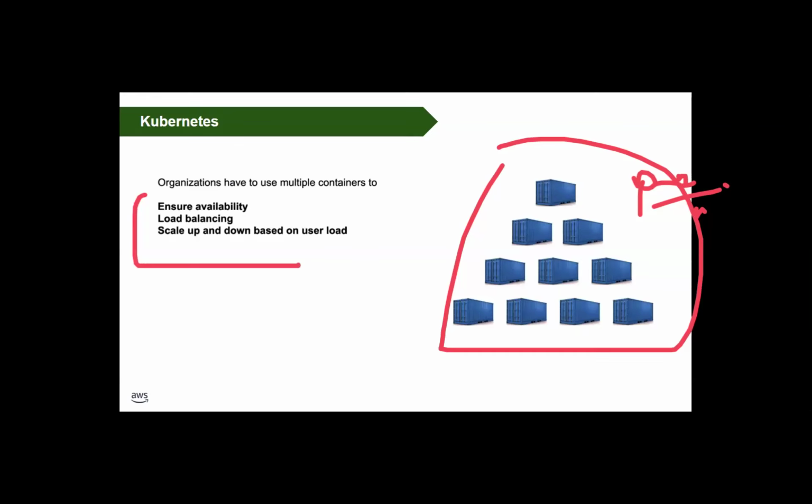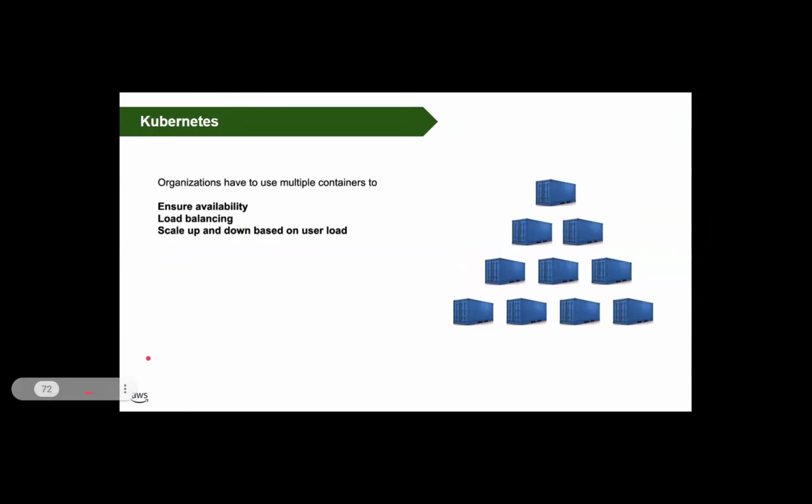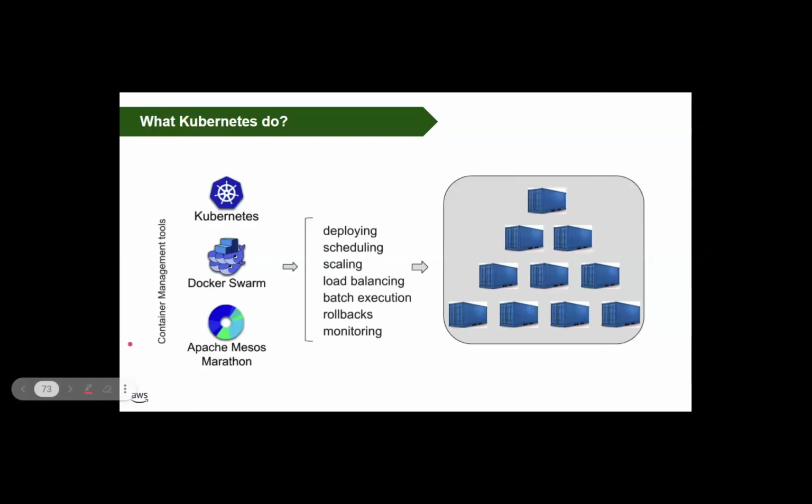High availability means whenever the user wants to use the application, it should work. Next, load balancing: it will balance the workload, dividing the load that is reaching it. It will scale up and down based on the user workload, scaling itself down when the work is not there.